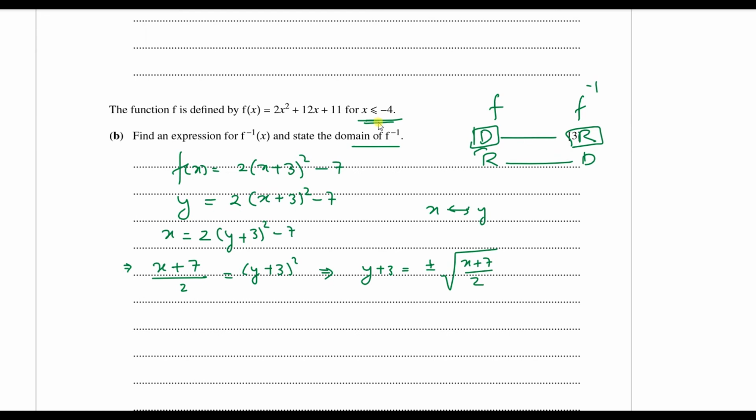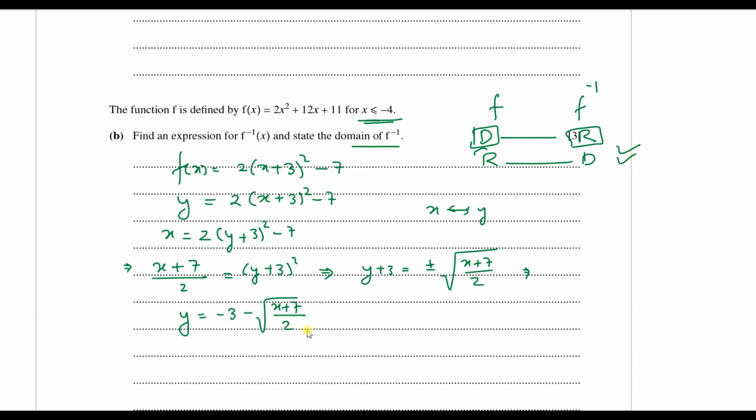In order to get y less than or equal to minus 4, this should be minus. So we can say from here y is going to be minus 3 minus the root of (x plus 7) by 2. I hope this part is clear. It is very important.